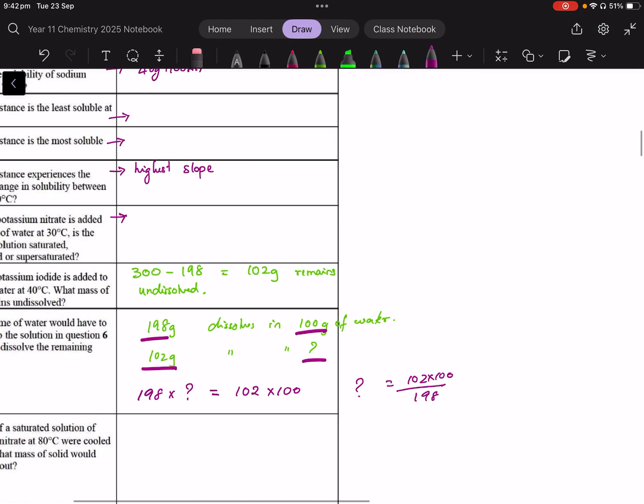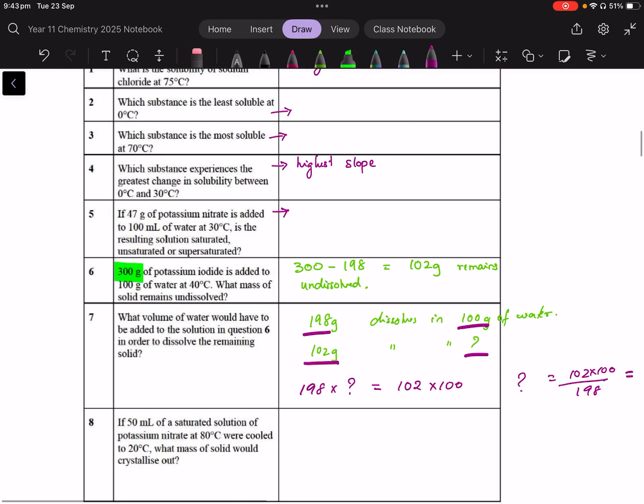If you have your calculator with you, you should be able to get, let's see how much that is. I am getting 51.5 grams. So 51.5 grams of water is required to dissolve the rest of the salt in that particular solution.